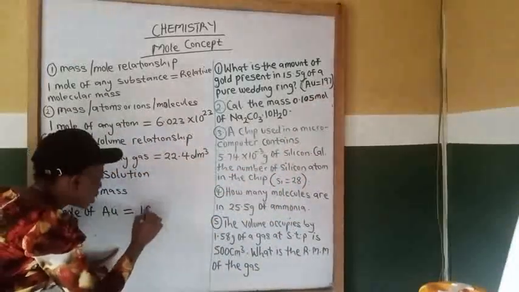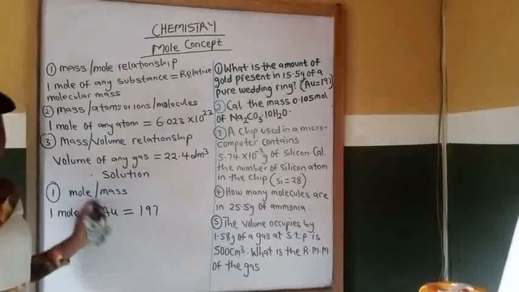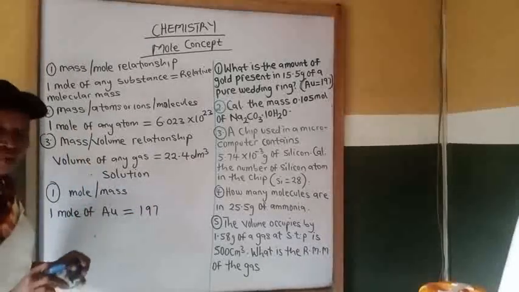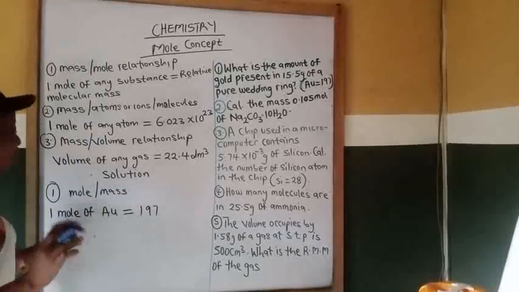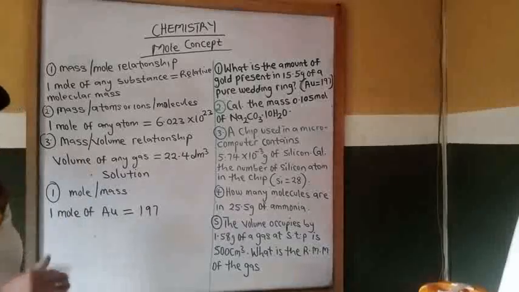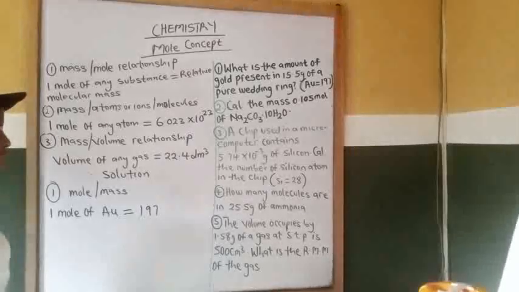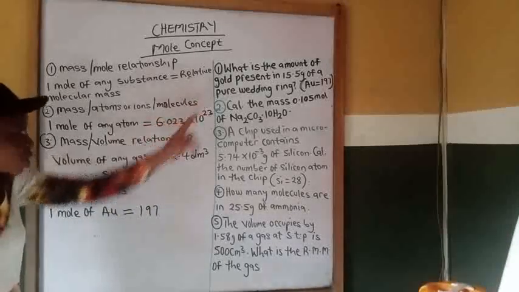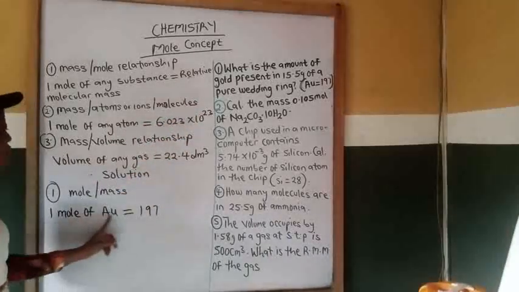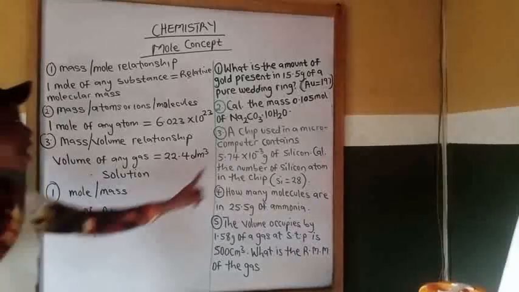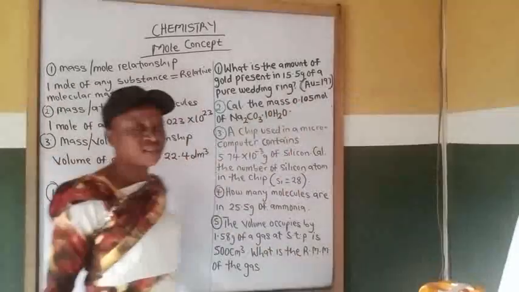That is the first step. When they give you a question on mass and mole, 1 mole of the substance given in the question is equal to the molar mass of the substance. So 1 mole of gold is equal to the molar mass of gold, which is 197.